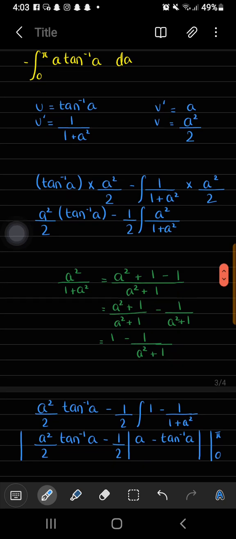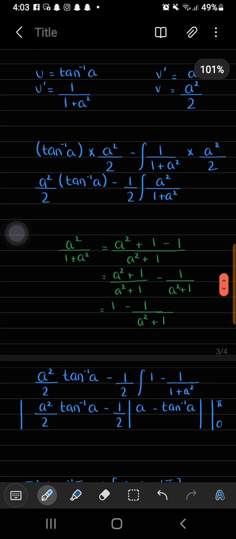Then we wrote our simplified form, and then we started our by parts method by analyzing what is u, what is v prime, what is u prime, what is v. Then we put those u, v, and everything in the formula which we had memorized for the by parts method. Then we got a form of a square divided by 1 plus a square. We can't integrate it, so we go to get them in two parts which we can integrate.